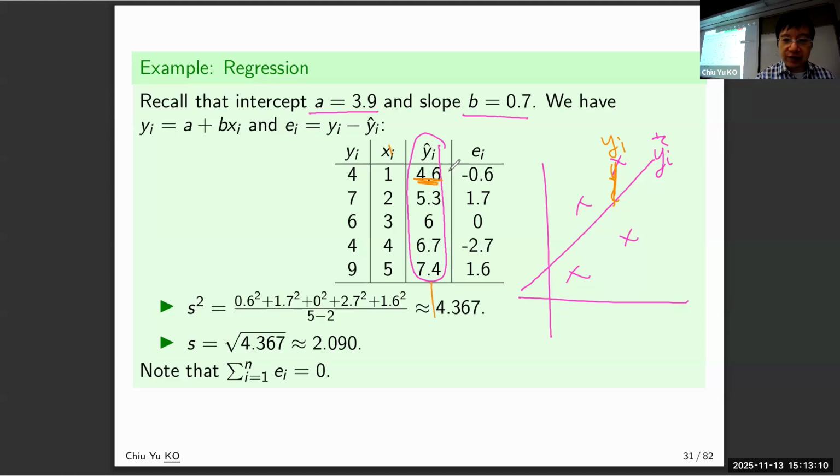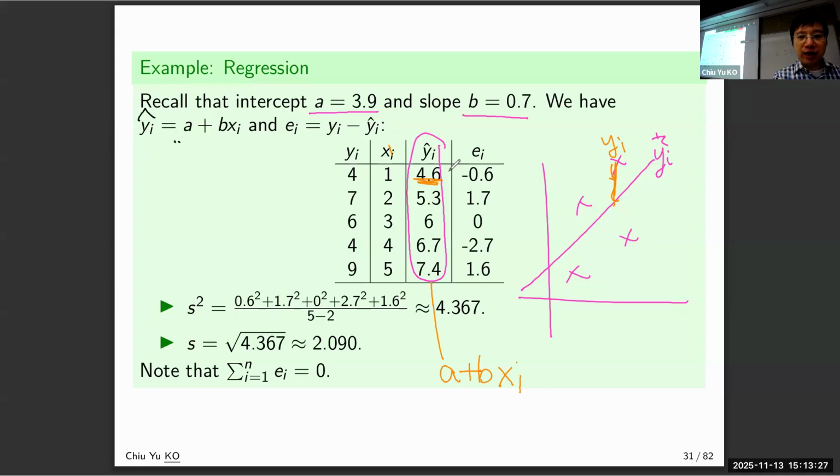Y hat comes from A plus B xi. Oh, there's a typo here, sorry.